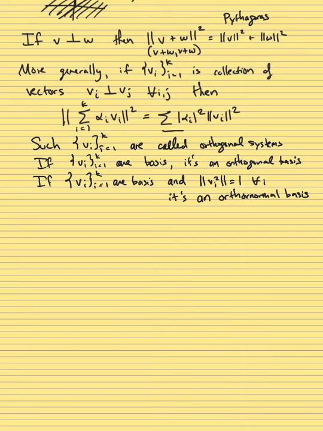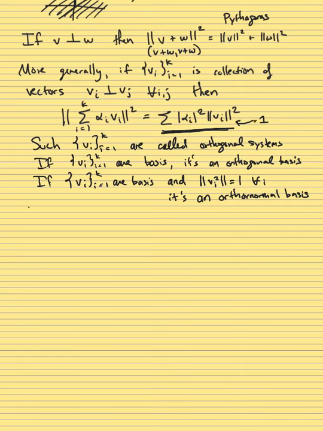Now here, the formula is very easy to compute, right? Because not only are all the cross terms 0, but also this norm is just equal to 1 for all i.